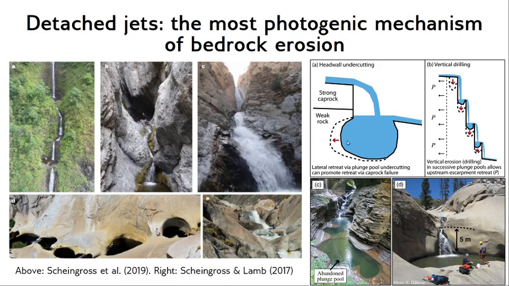And they can also retreat laterally by eroding backwards beneath the cap rock that the waterfall is flowing over and causing that to eventually collapse. This example here is quite common. It occurred at places like St. Anthony Falls here in Minneapolis or in Niagara Falls. This example of vertical drilling occurs in this lower left photo as well as the upper left photo over here.